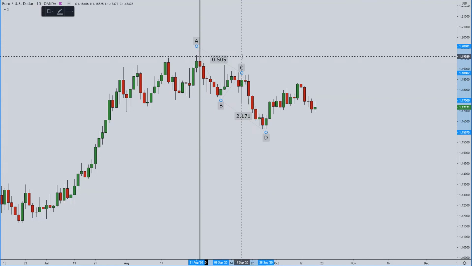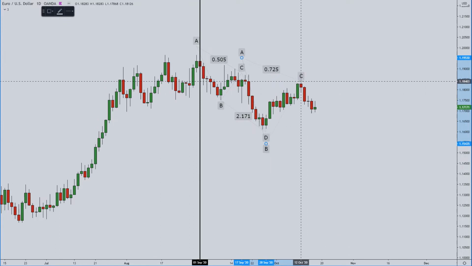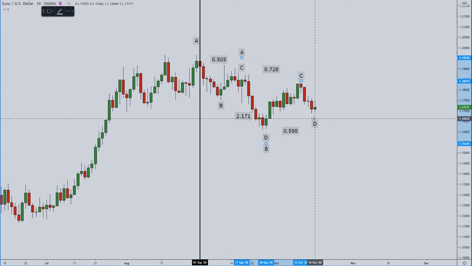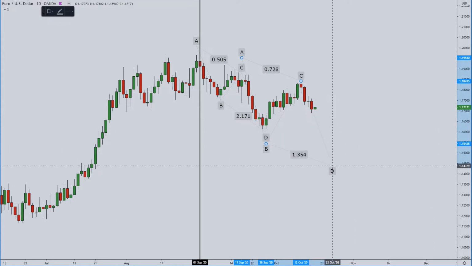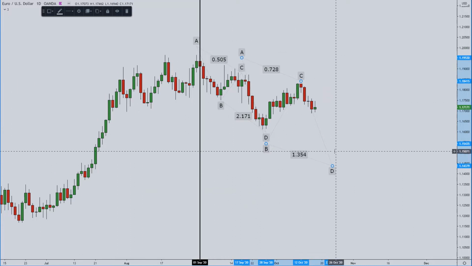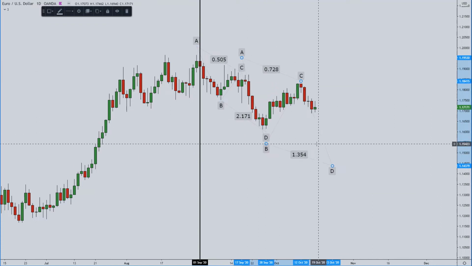So the old C, or the previous C, now becomes a new A, and the old D becomes a new B, and this one becomes a new C. And now we want to break the new B, then we will get a lower low to a new D. That's wave number 2. And this is how the market repeats.